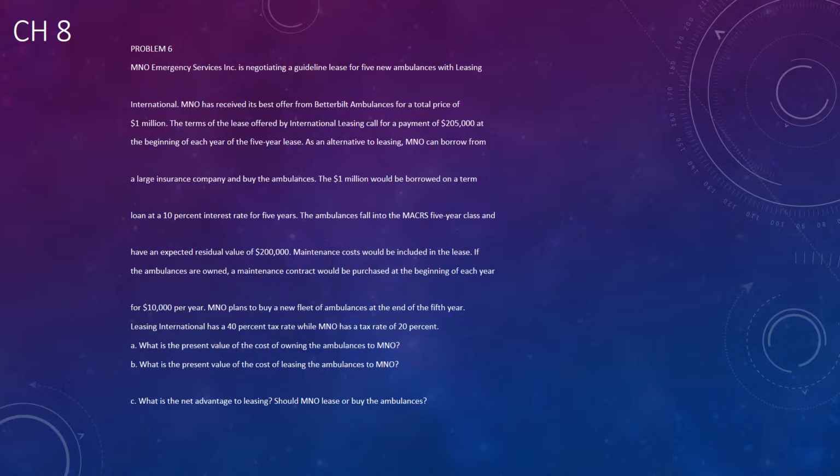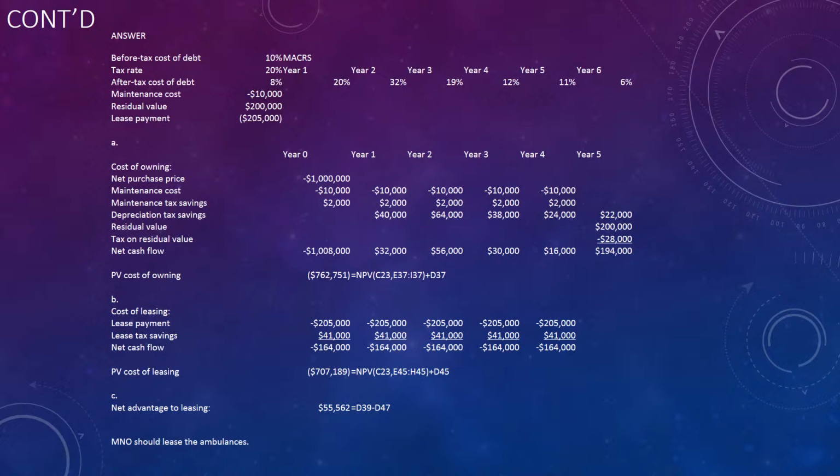Let's walk through it. You've got the before-tax cost of debt of 10%, a tax rate of 20%, your accelerated depreciation, a maintenance cost of $10,000 per year, a residual value of $200,000, and your lease payment of $205,000. So let's look at the cost of owning in year 1 through year 5.